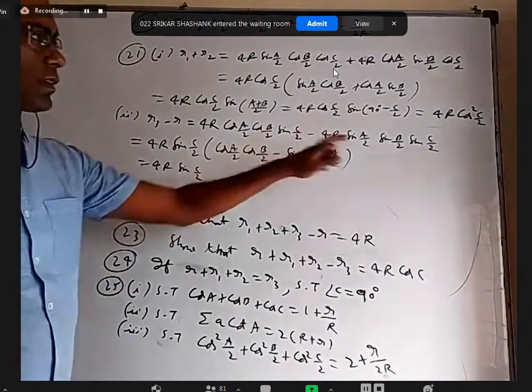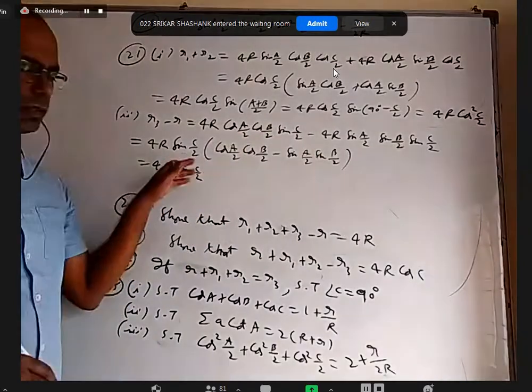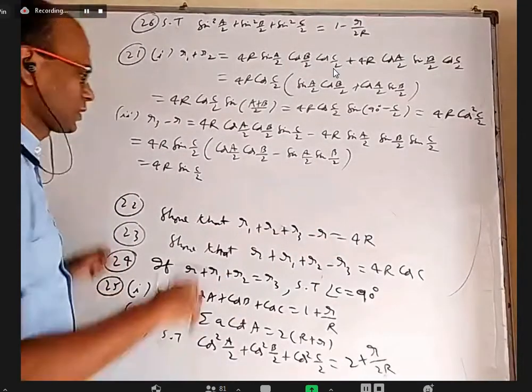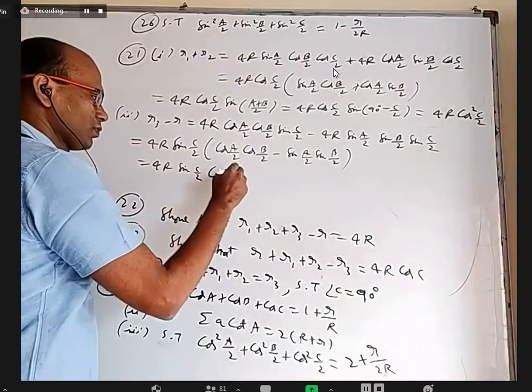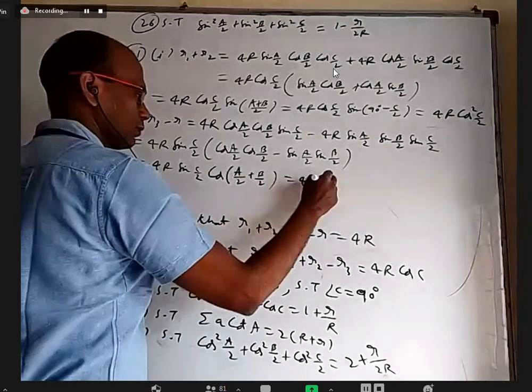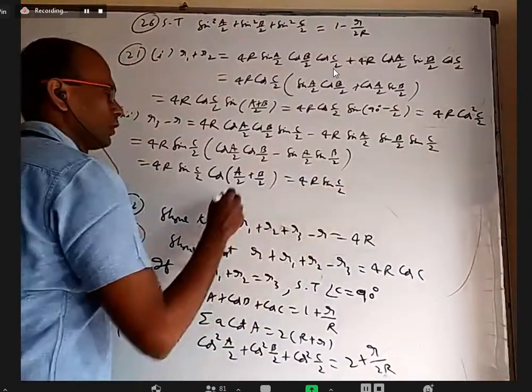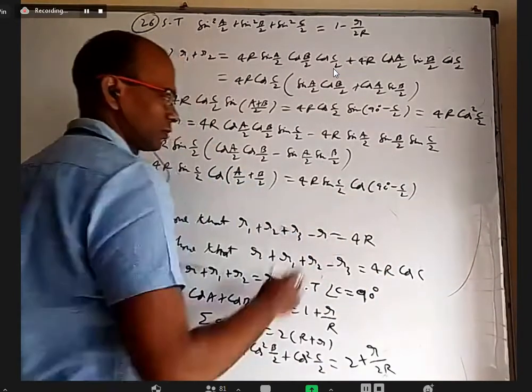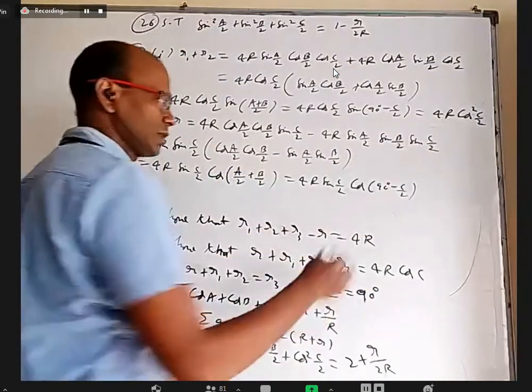After writing the formulas, 4R sin C by 2 will come common here. Cos A cos B minus sin A sin B is cos of A plus B, so this is cos of A by 2 plus B by 2. You can write that as cos 90 minus C by 2, that is sin C by 2. Sin C by 2 into sin C by 2 is sin square C by 2.